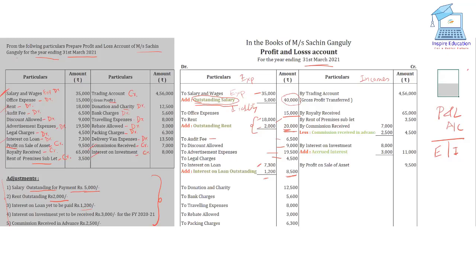Why do we actually consider the amount which is not paid? Because we are maintaining the accounts on accrual basis. You can note it down. Accrual basis, not the cash basis. In accrual basis, the expenses which are not paid are also considered.